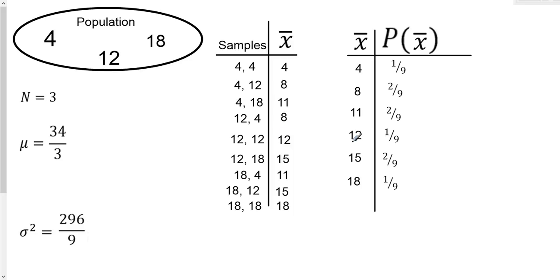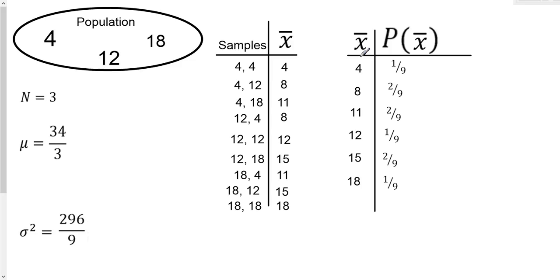The probability of getting a 12 is 1/9, 15 is 2/9, because there are two 15s, and the probability of getting a sample mean of 18 is 1/9. So this is my random variable x bar, and these are the probabilities for each of its values. I have here a probability distribution for the random variable sample mean.